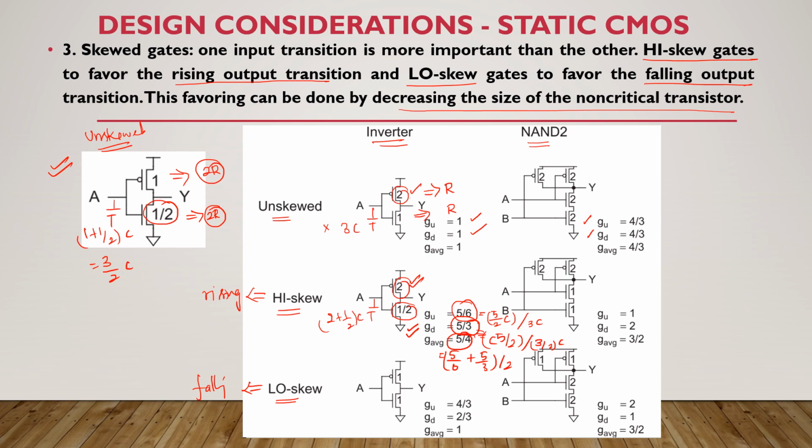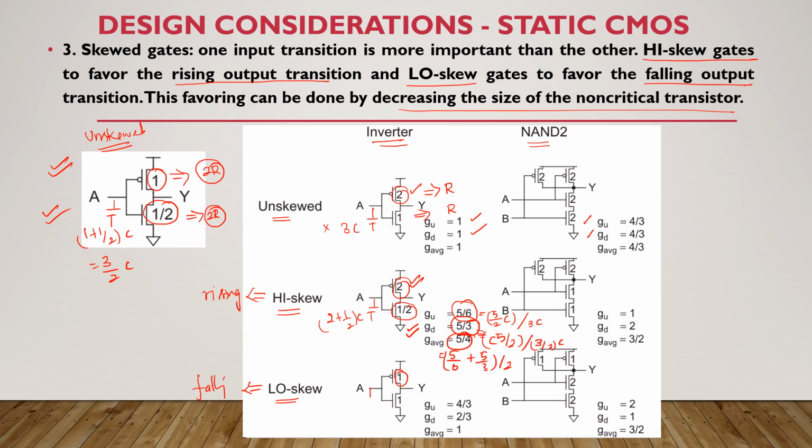Similarly, for the low skewed inverter, you have to calculate the logical effort for the rising transition and the falling transition. For the rising transition, we have to consider this inverter, because the width here is 1, here also 1, right?